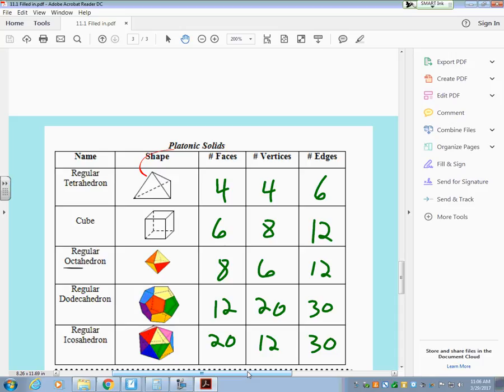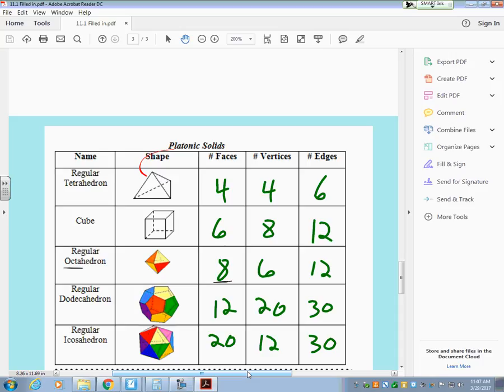That is the number of faces it has. An octahedron has 8 faces. It's called octa because of the number of faces. It has 6 vertices, so one on the top, one on the bottom, and the 4 corners around its middle. And it's got 12 edges.